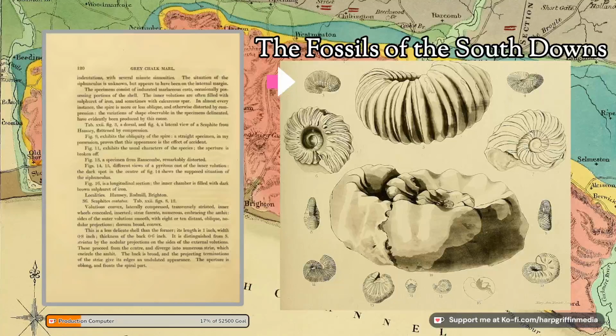Tablet 22, Figure 3, a dorsal, and Figure 4, a lateral view of a scaphite from Hamsey, flattened by compression. Figure 9 exhibits the obliquity of the spire. A straight specimen in my possession proves that this appearance is the effect of accident.